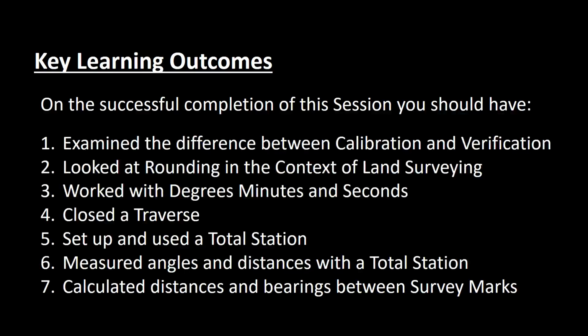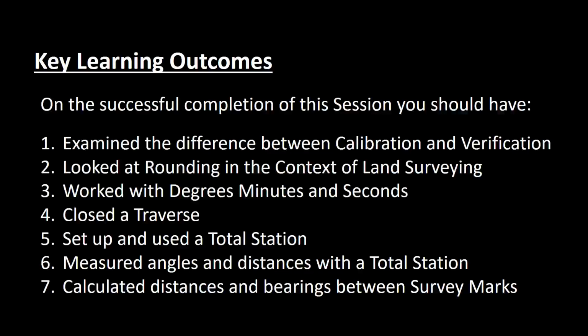Calibration is where we make sure, or we adjust our instrument or measuring equipment so that it measures as close as possible to correct as we can get it. Verification is where we use or check our measuring equipment against a known standard so that we check that it is calibrated correctly.